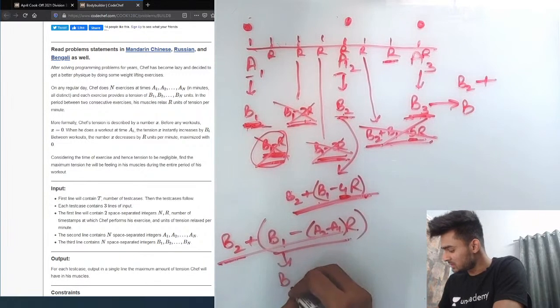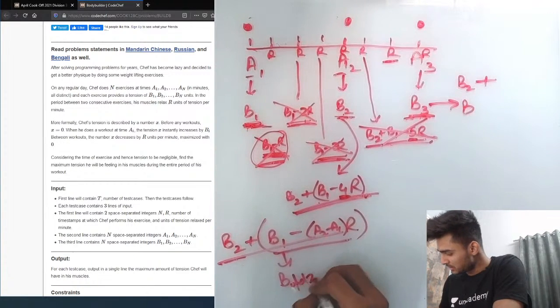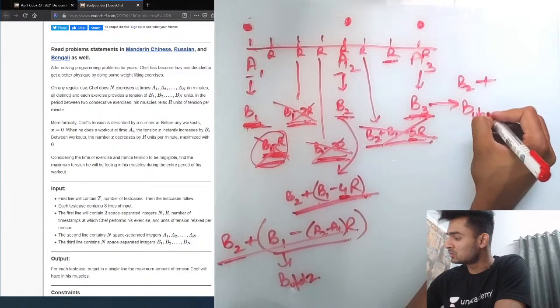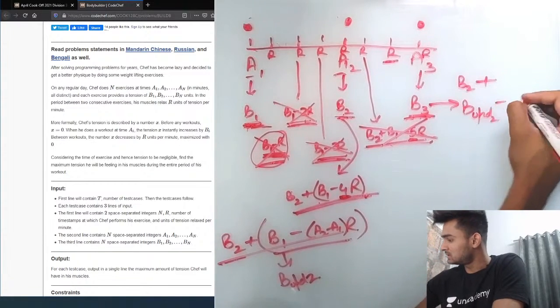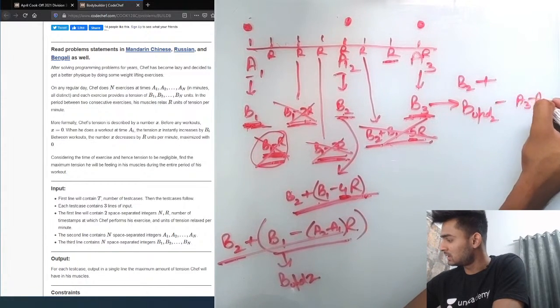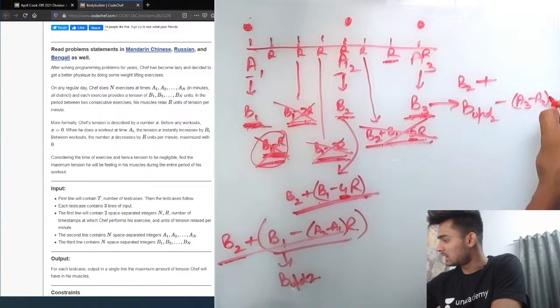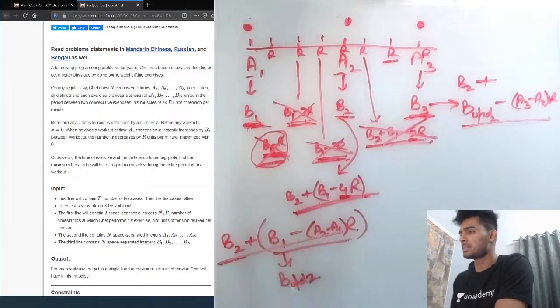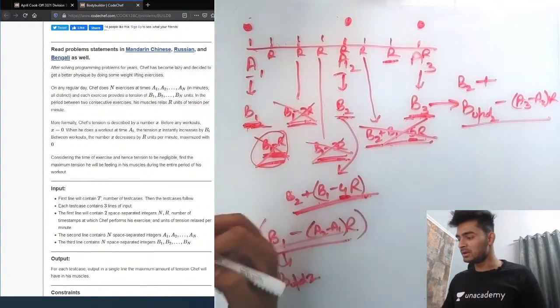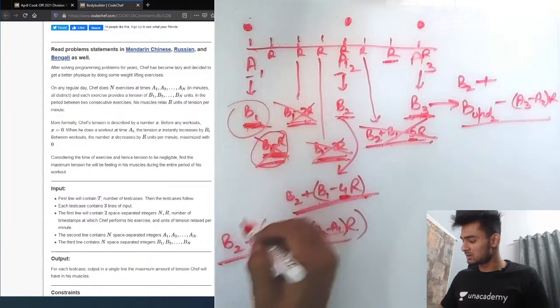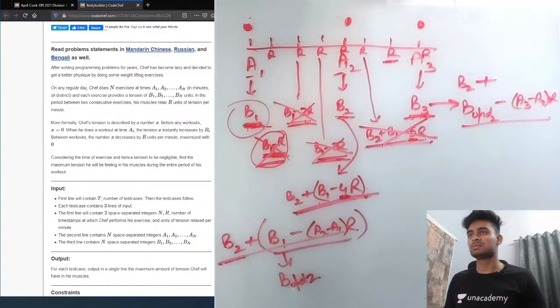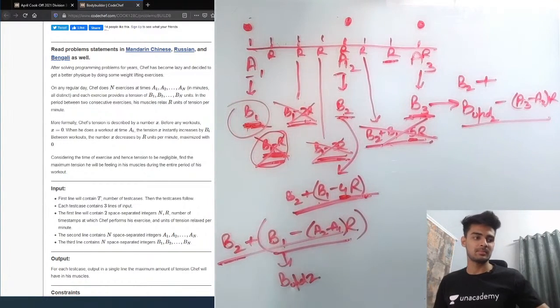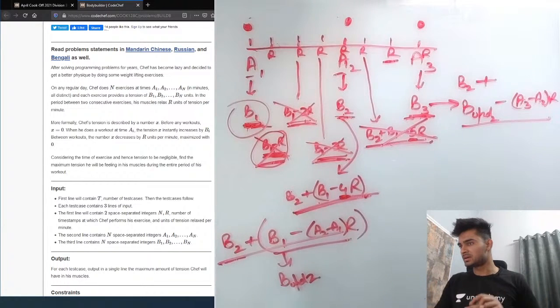Let's say this is BUPD2. So we have BUPD2 minus (A3 minus A2) times R. I hope this is clear to everybody. Then we only need to find the maximum value at every time frame, and whatever the maximum value is, we print that. I hope this is clear.